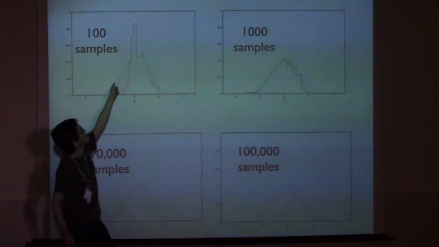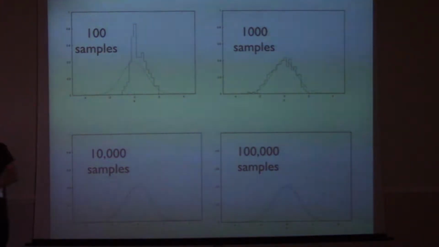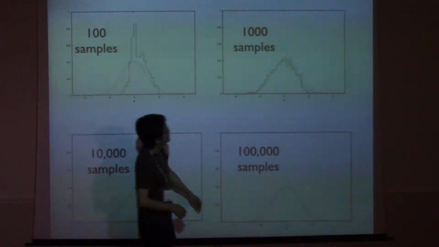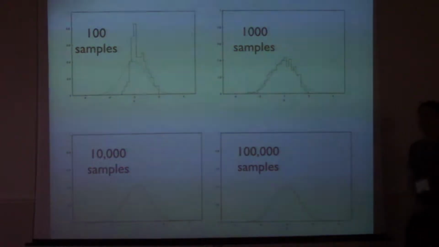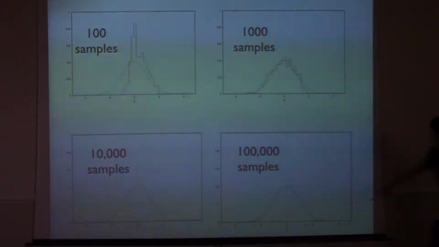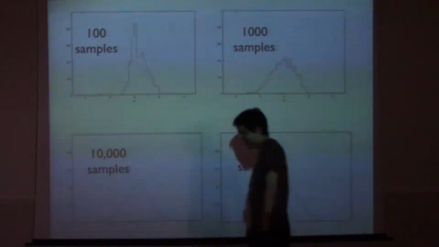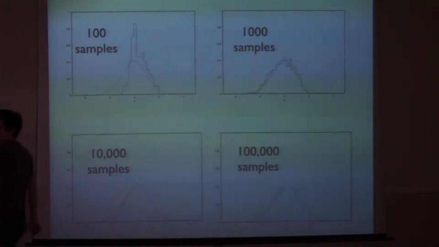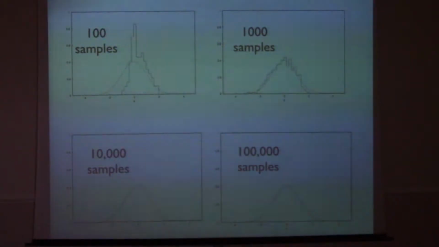This is a Gaussian distribution, and it's not very close. But if you have 1,000 samples, the situation is getting better. And if you have a lot of samples, actually, you can see it converging to the actual Gaussian distribution. So you can really make a distribution, the path integral weight, by using this algorithm.